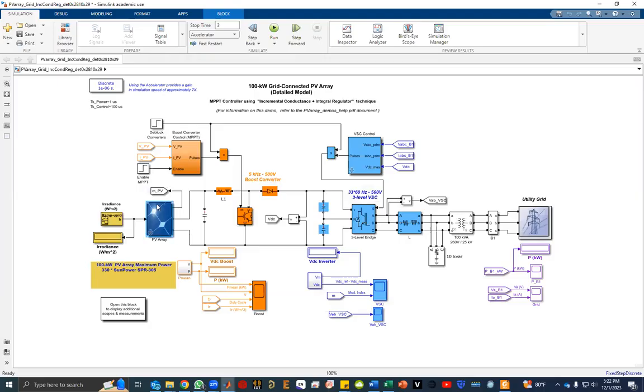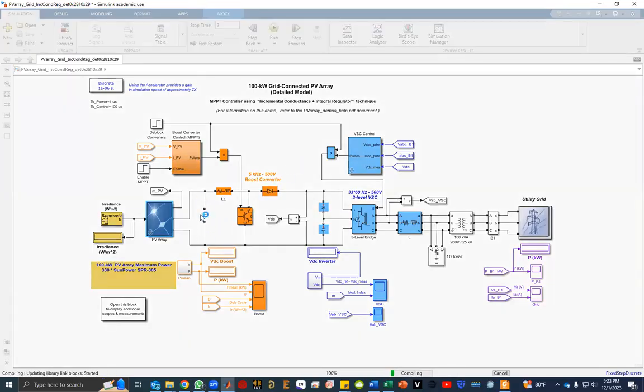Anyway, the output of a PV array is normally DC voltage. Their voltage levels might be different. Let me run it, I totally forgot what the voltage level is here. The array voltage level will be something, but we need to boost the voltage, that means step up the voltage.